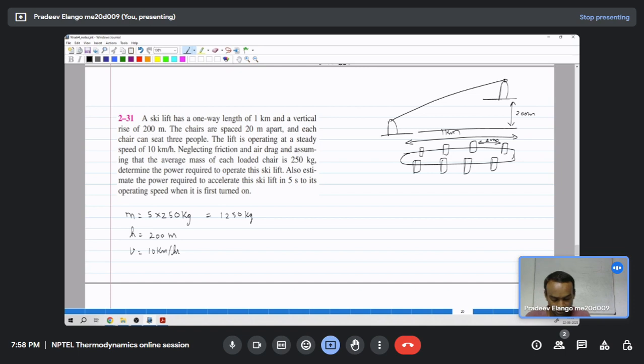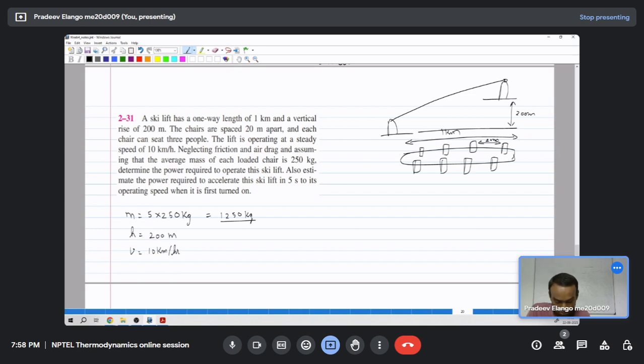Since it is 10 kilometer per hour, if it is taking 1 kilometer, it will deliver the mass of 1250 kgs. So for every hour it will deliver 10 times this mass.